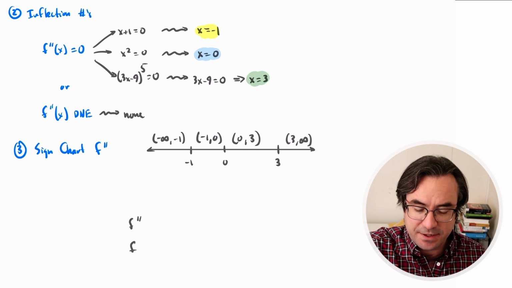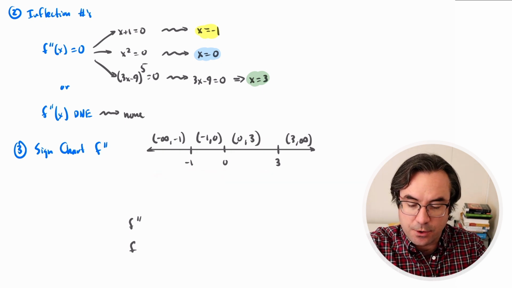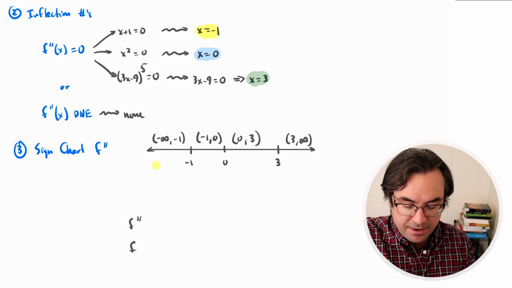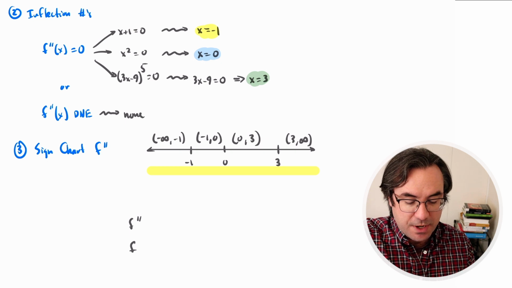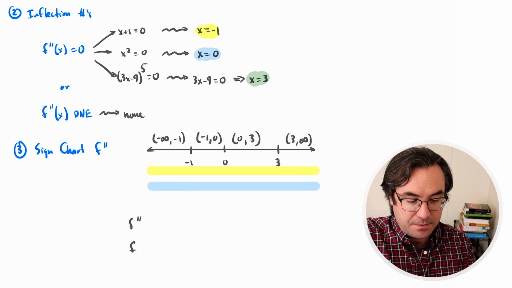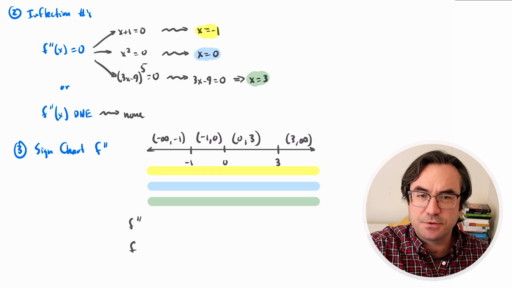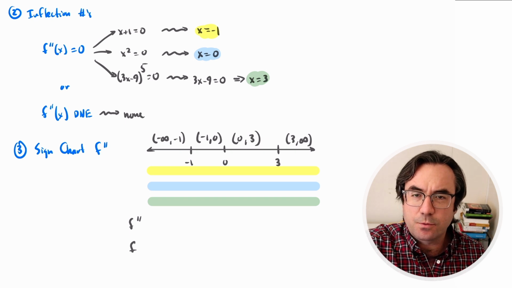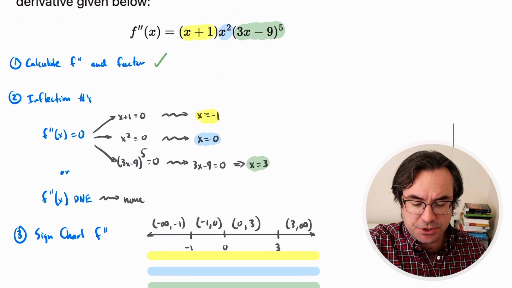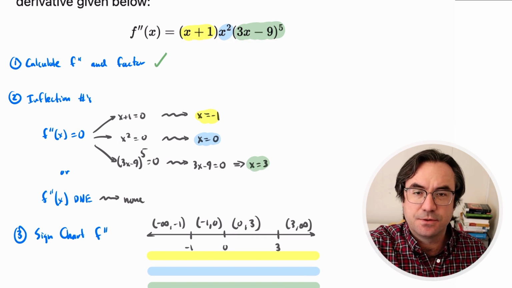To help us with this, we're going to write down a few extra rows. We're going to have 3 extra rows here. We don't want to do too much in our head; it's easy to make little mistakes. And what are the rows that we're going to use? Well, we're just going to use each of these factors.